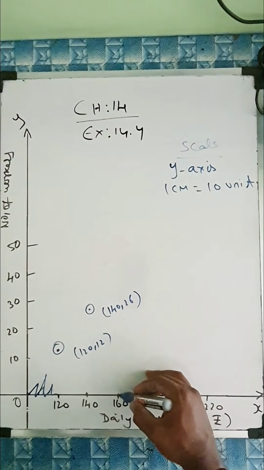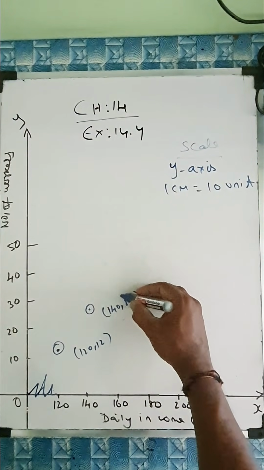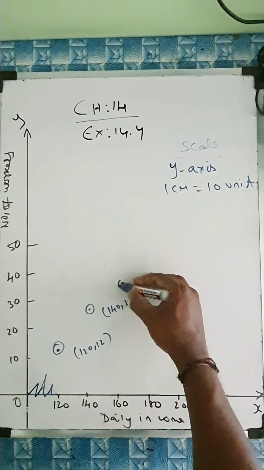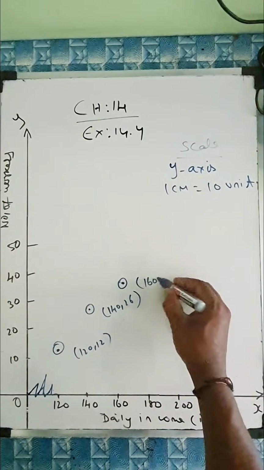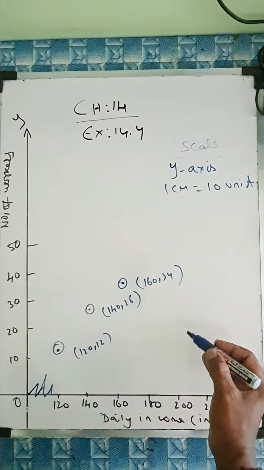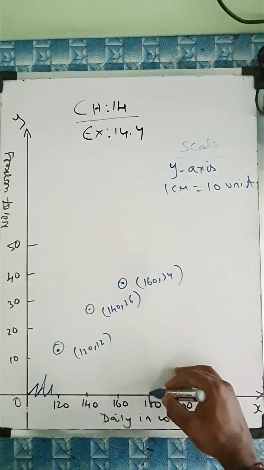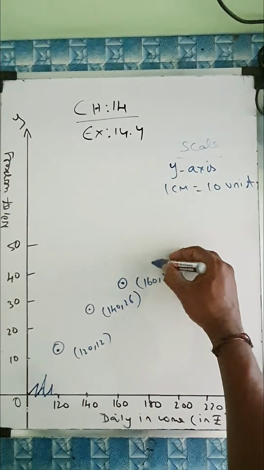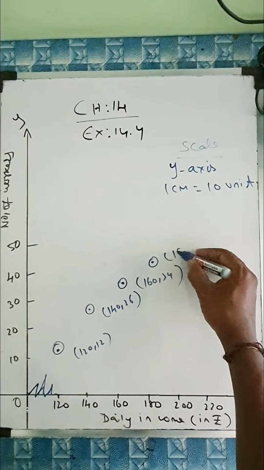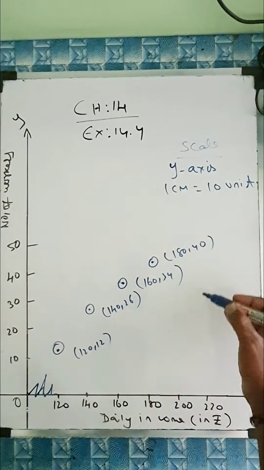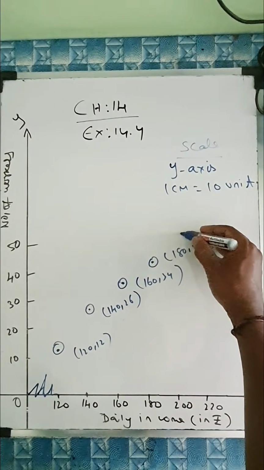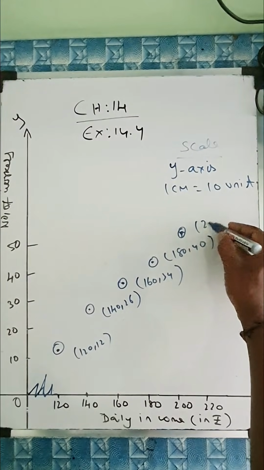Next, 160 is 34, so 30 is here and 4 small boxes. Next, 180 is 40, and the last one, 200, is 50.